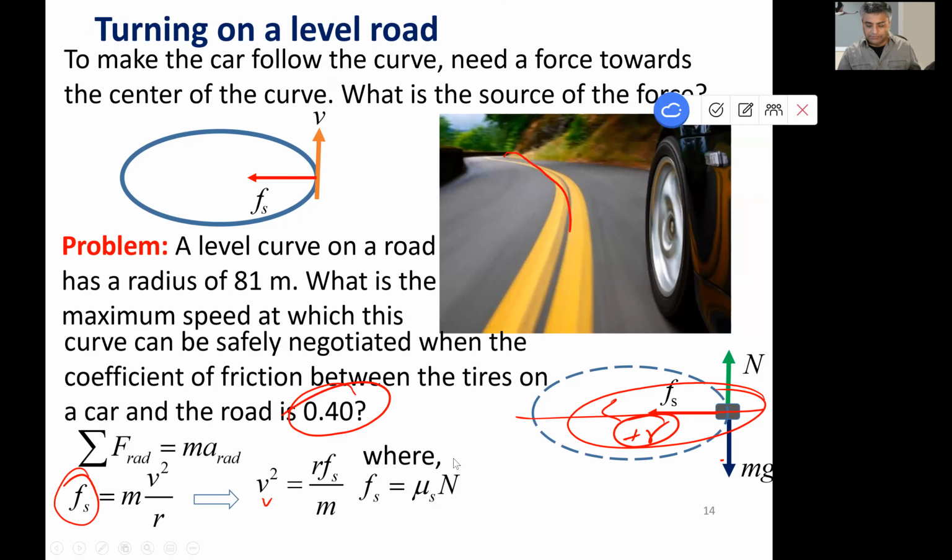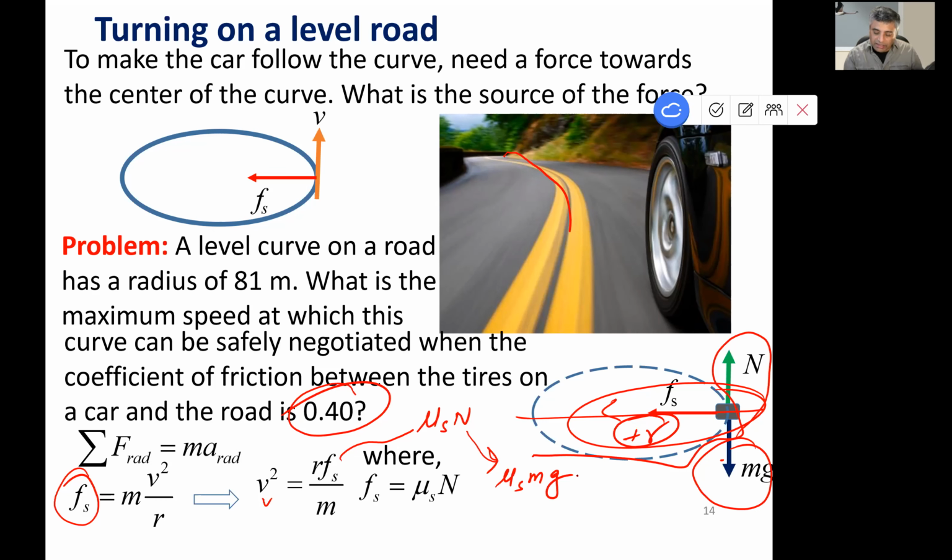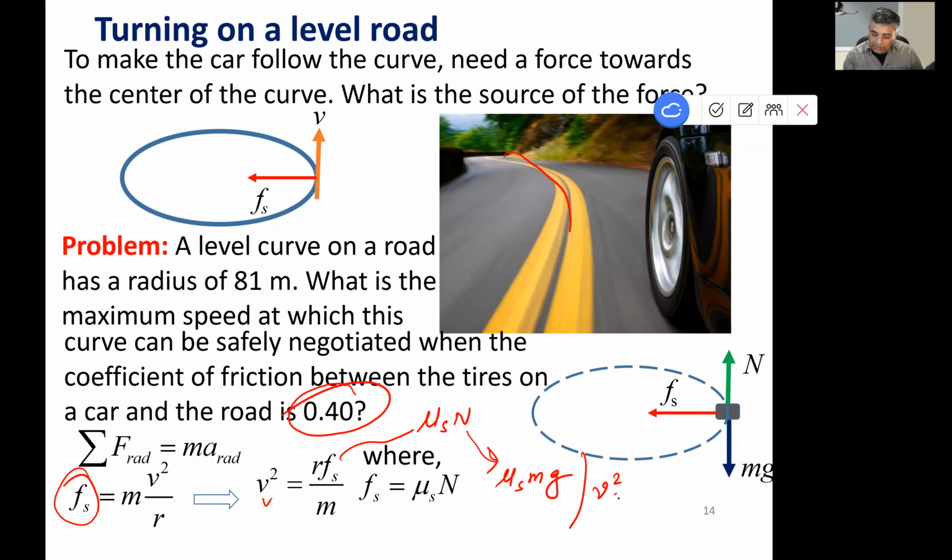So it's done, right? And again we need n, and if we look at free body diagram, n is mg, so that means mu s times mg. And once we plug that in this equation, what happens? Let me actually write that down. So now V square, I am going from here to here, R times Fs.